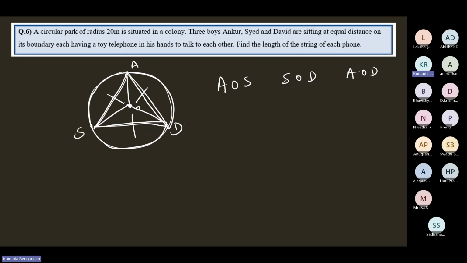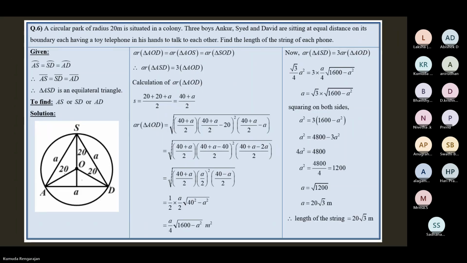So the idea is the area of the whole triangle ASD is equal to the sum of the areas of the three small triangles. That's the idea used here.